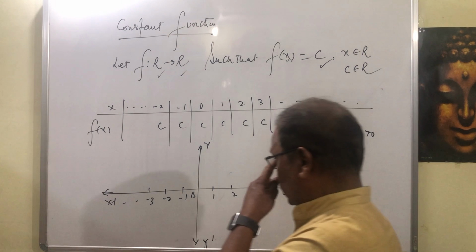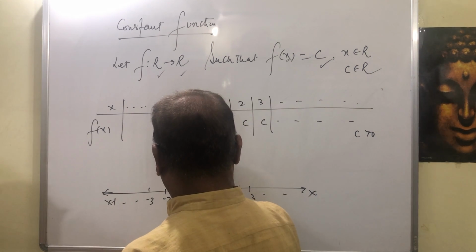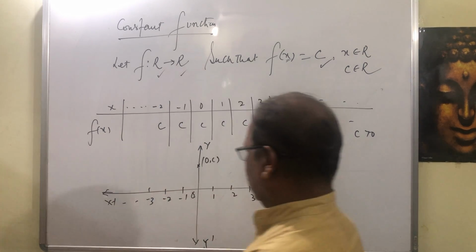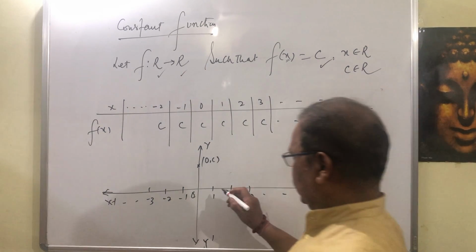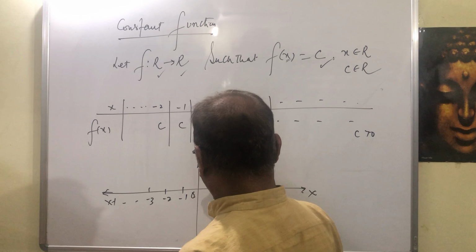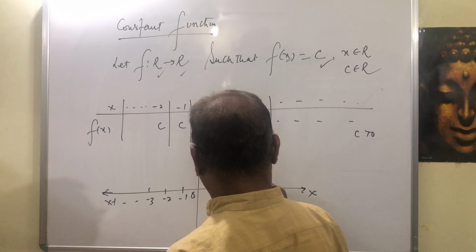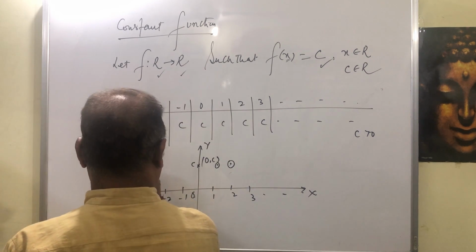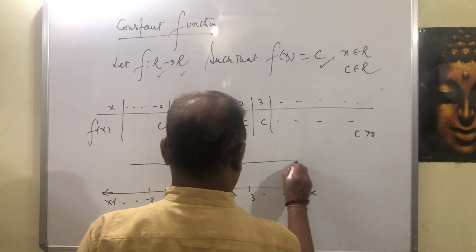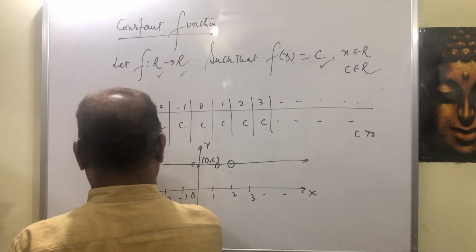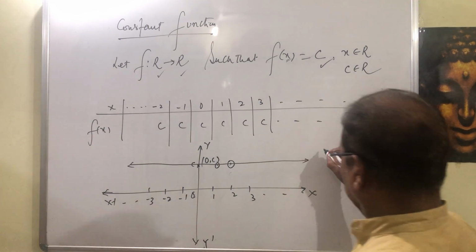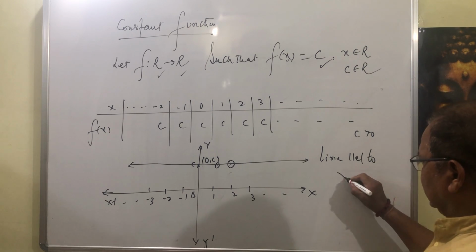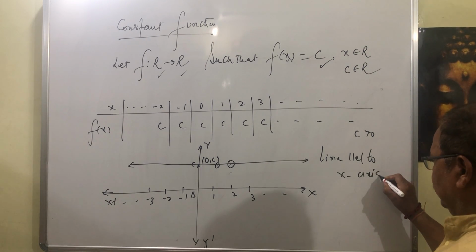So let us represent c here. This is the point (0, c) on the y-axis. Now for 1 also it is c, for 2 also it is c, for 3 also it is c, like that. Here also the same thing. So this is the graph of the constant function. What we get is a line parallel to the x-axis.